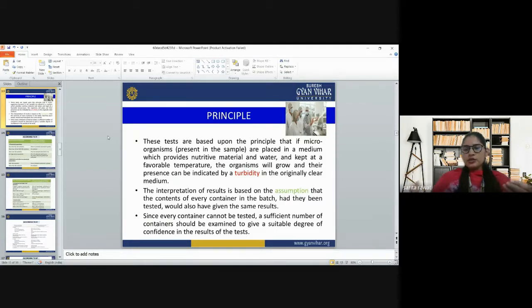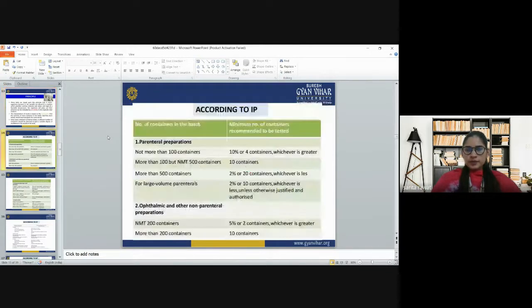So we assume that if the medium gets turbid, that means there should be some microorganism. But if it is not turbid, it is clear, that means there should be no microorganism present in the sample. So that's how we examine sterility testing.